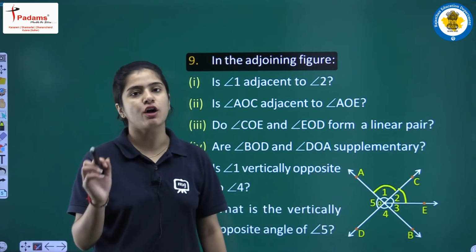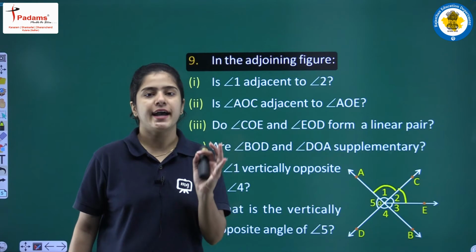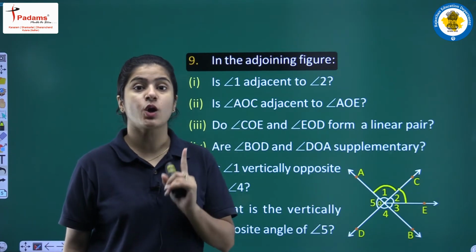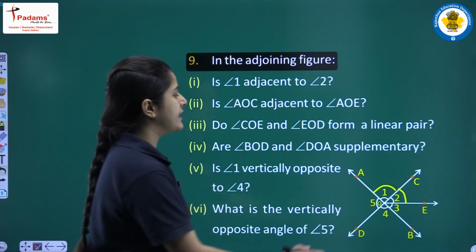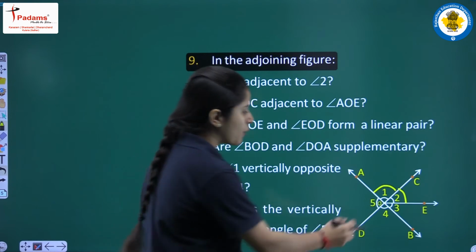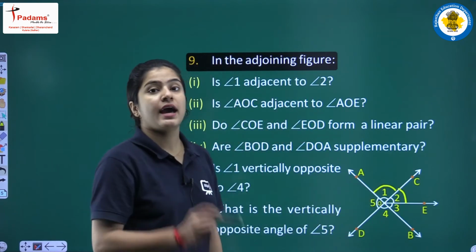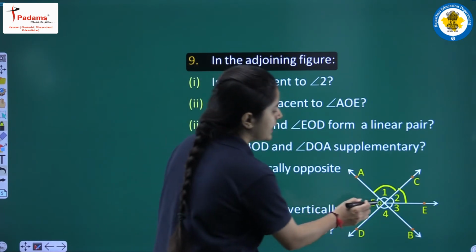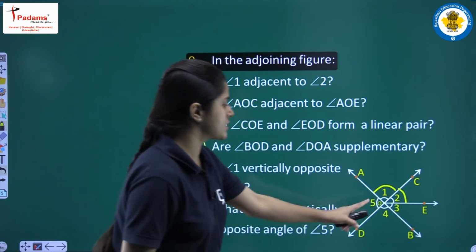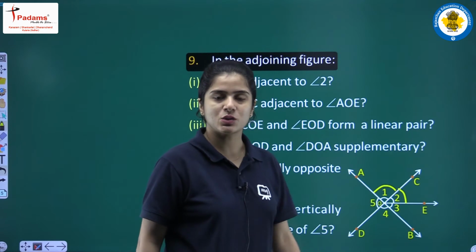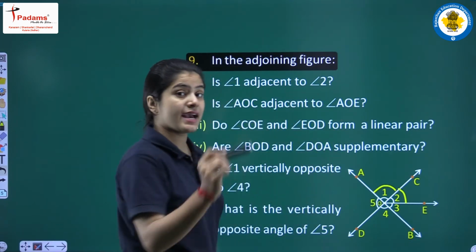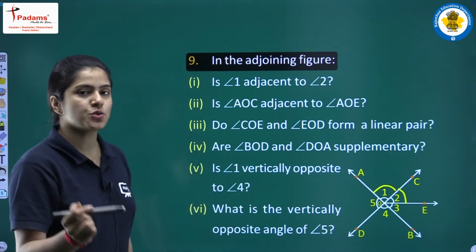What is the condition of adjacent angles students? Adjacent angles must have one vertex and one arm as common. Okay students, so clearly O is the common vertex of these two angles and OC is the common arm, and it is also containing two opposite non-common arms, that is OA and OE. Okay students, so basically, is angle 1 adjacent to angle 2? Yes, angle 1 is adjacent to angle 2.